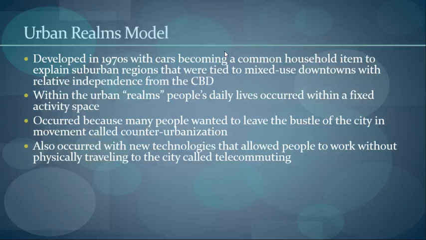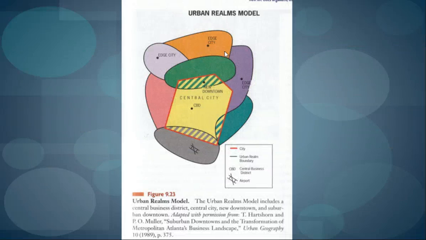And you also have, at the same time, a feeling of wanting to move out of the city. That's called counter-urbanization. And so, that's great. It also helps that people can telecommute now, right? So they can log on and do all of their work from their house, and that's great.